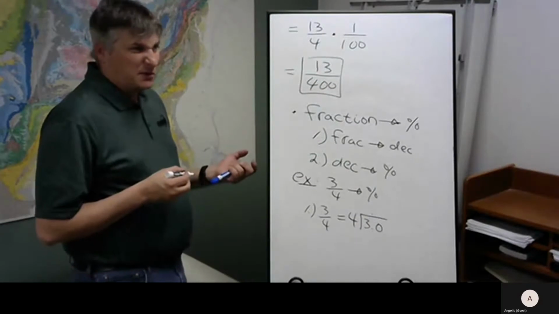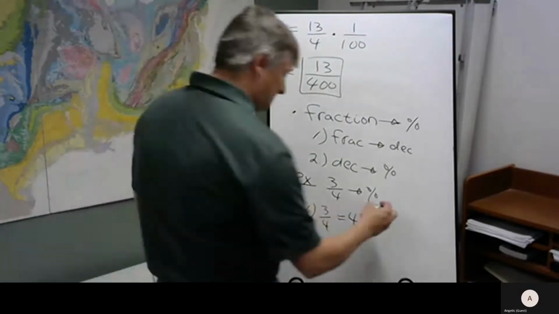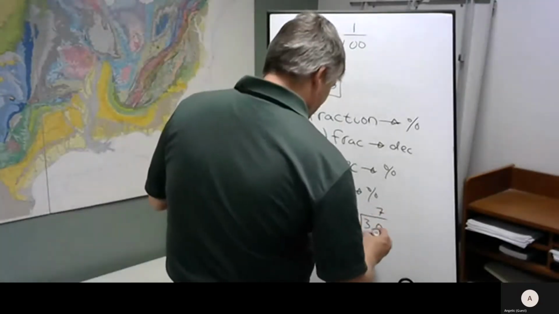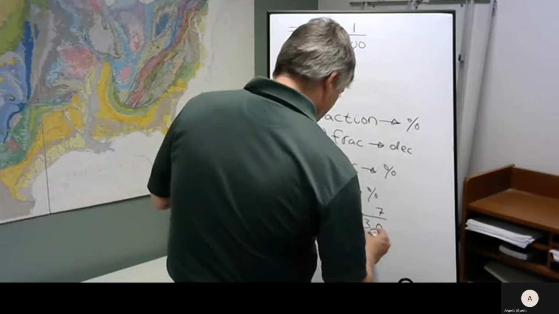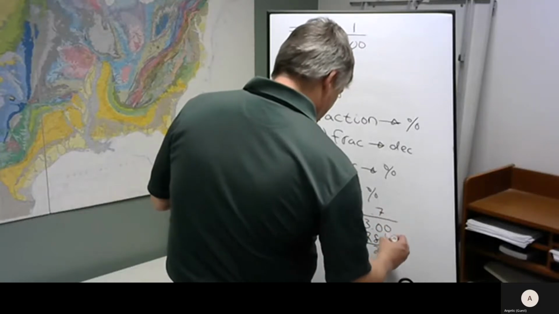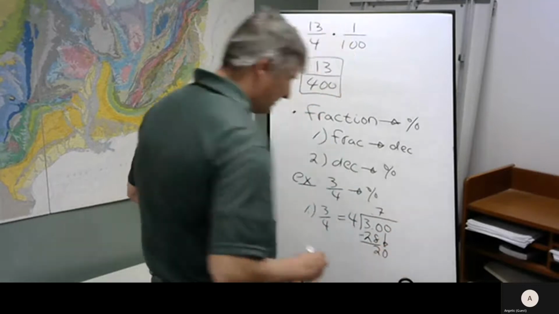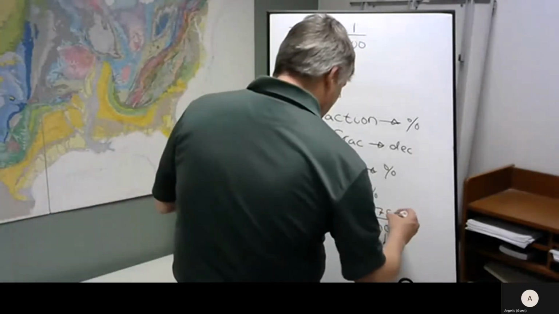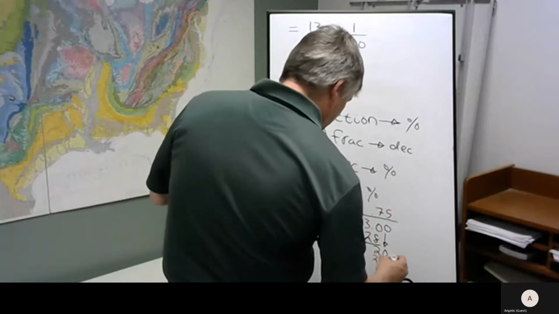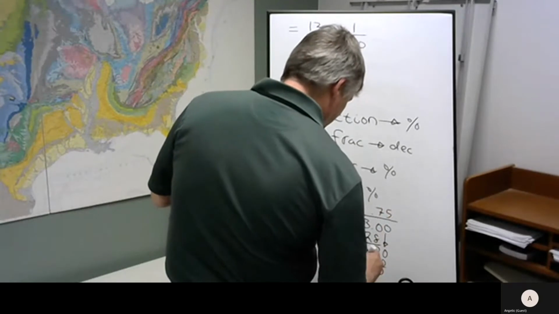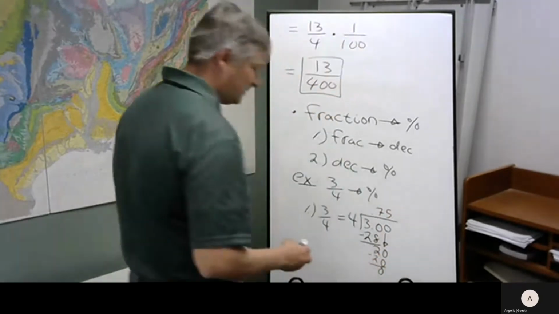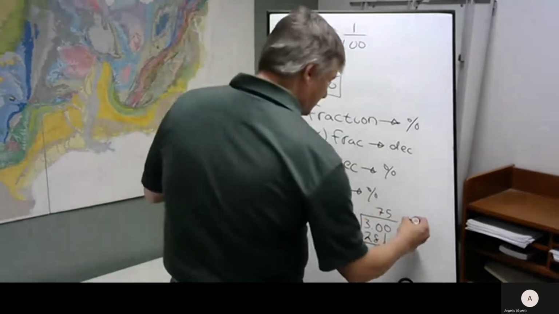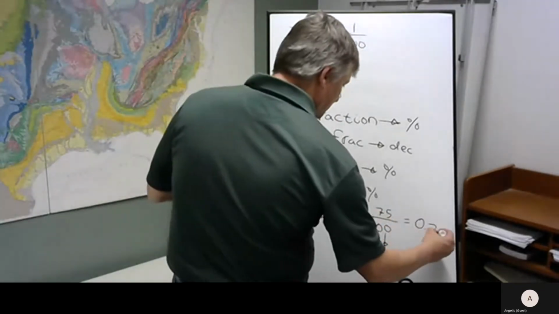So 4 goes into 30 at most 7 times. 7 times 4 is 28. I'll bring in a 0, drop it down. And then 4 goes into 20 5 times. 5 times 4 is 20. Subtract is 0. So what we get is 0.75.